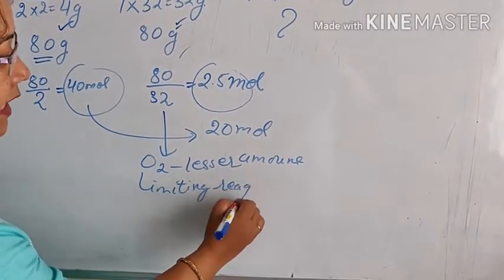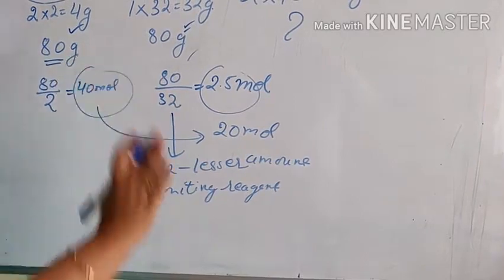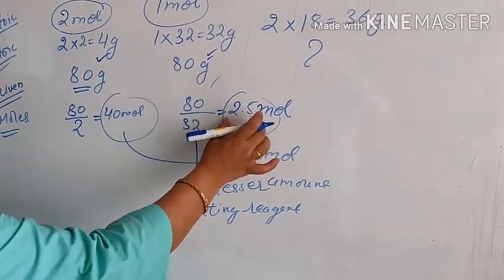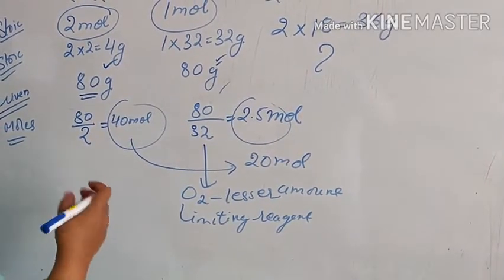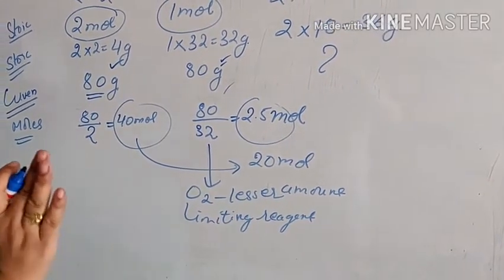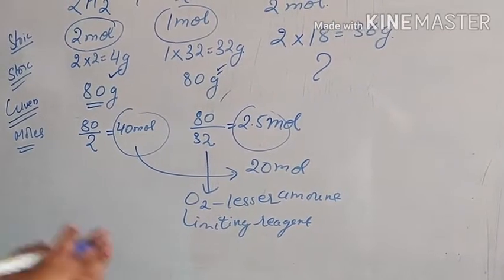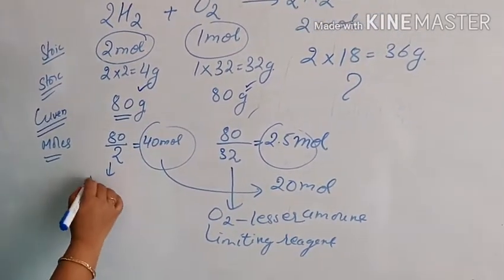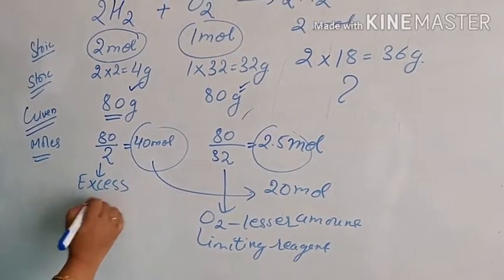It will limit the reaction. After all the oxygen available in the reaction mixture is consumed, the reaction will come to an end. And therefore hydrogen we can say is present in excess, so it is called excess reagent.